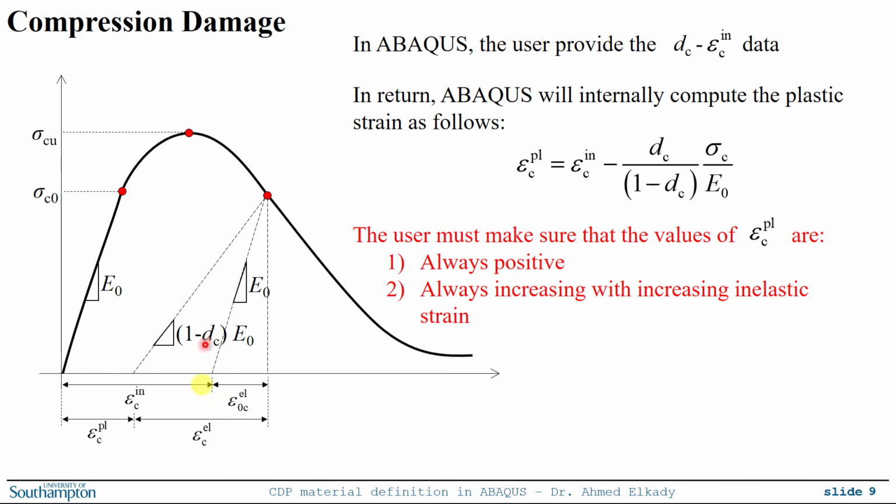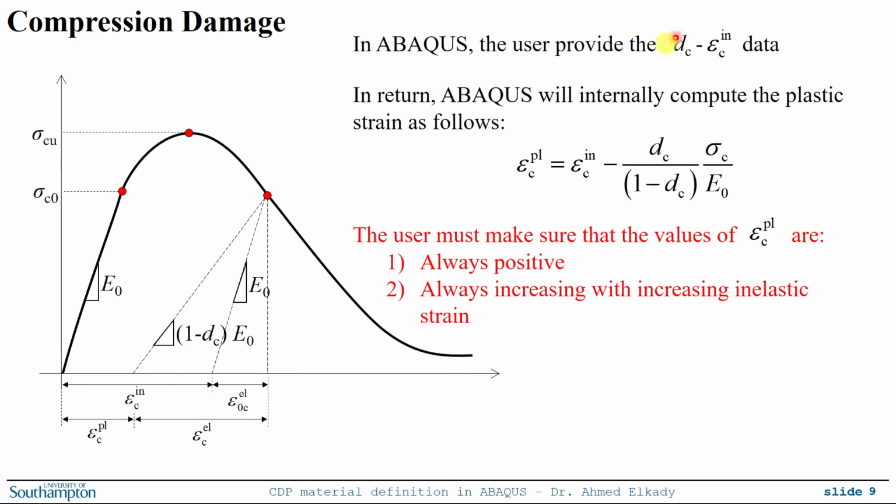In ABAQUS, these are some of the parameters that you have in the ABAQUS manual. These are the notation used in the ABAQUS manual. What the user needs to provide in ABAQUS is a data set. With this data set, you are telling ABAQUS that at this inelastic strain, this would be the value of my damage parameter, and so on.